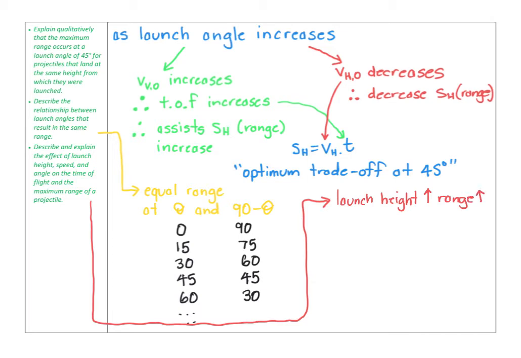Again, just an up arrow as a shorthand for increase. If launch speed increases, range will increase, providing there is at least some launch angle.